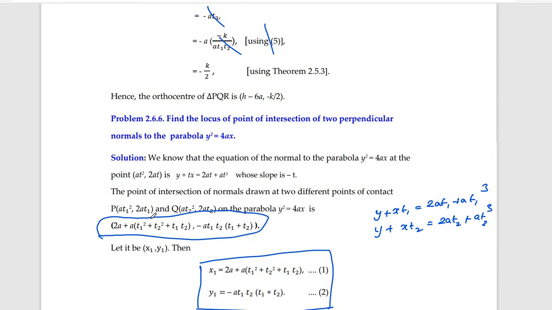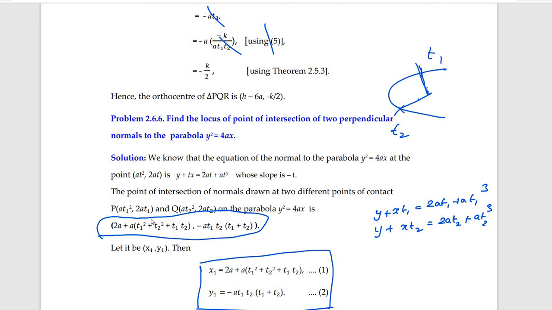Now what is the problem? We are asked to find the locus of the point of intersection of two perpendicular normals to the parabola. Two perpendicular normals. We are considering normals at t1 and at t2. What is known about the normals is they are at right angles. That means if you consider the slope of this and the slope of this, the product of the slopes is minus 1.